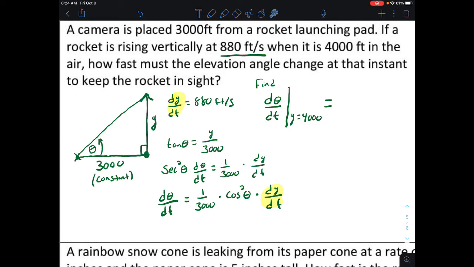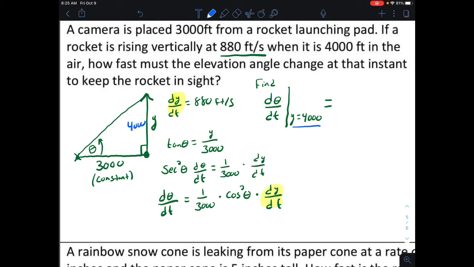Well, now we go back to our right triangle and say, at the instant when we are 4,000 feet in the air, I want to know what that elevation angle would be. I could do right triangle trig. I need to know the adjacent side and the hypotenuse to get cosine's value.